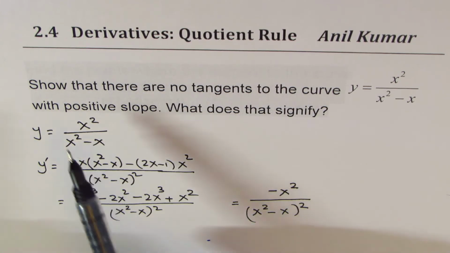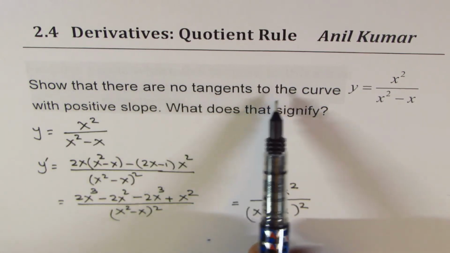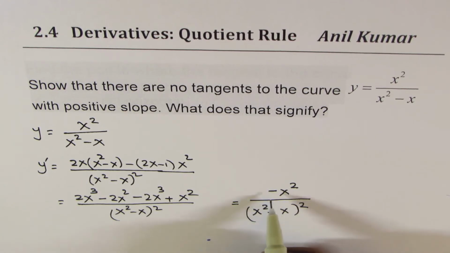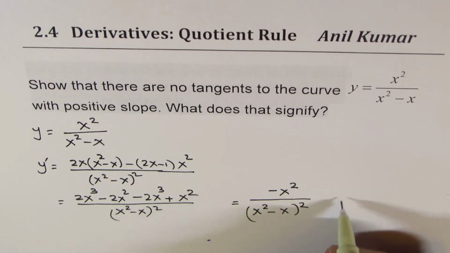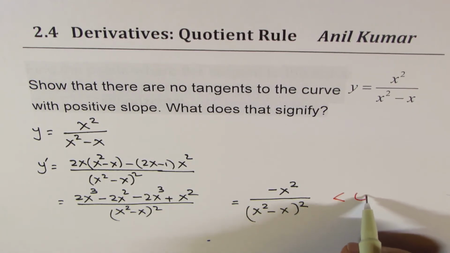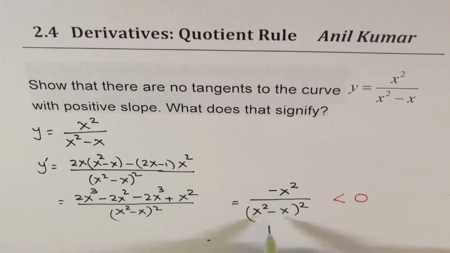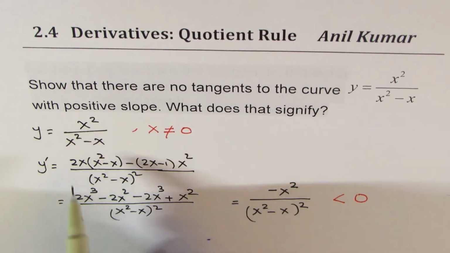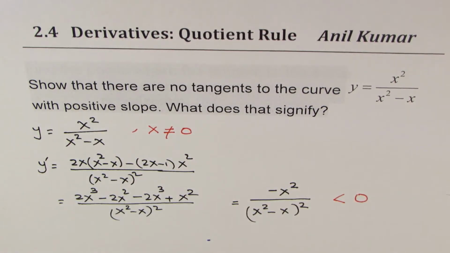Now it says, show that there are no tangents on this curve with positive slope. Well, clearly what we see is the whole thing is positive with a negative sign. So this is always less than 0. We cannot have x not equal to 0. That is a restriction, right? Because then the denominator will be 0.